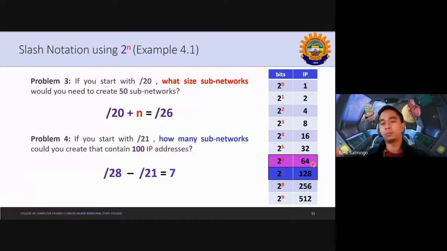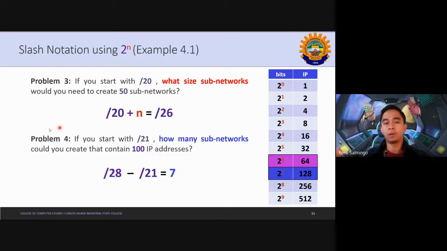We can allocate 50 subnetworks in 64 IP addresses, so you just copy the n value, 6. So you have 6 here, and you will have the answer. You will end at /26 by adding 6. So /20 plus 6 is /26.